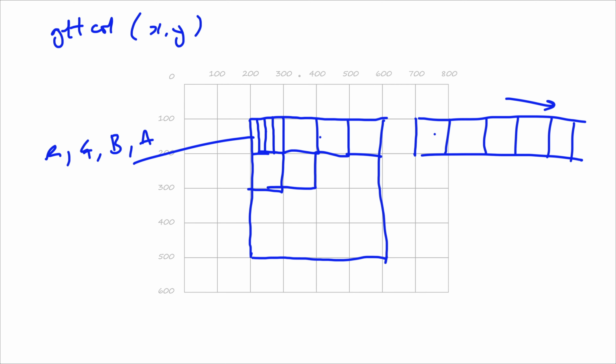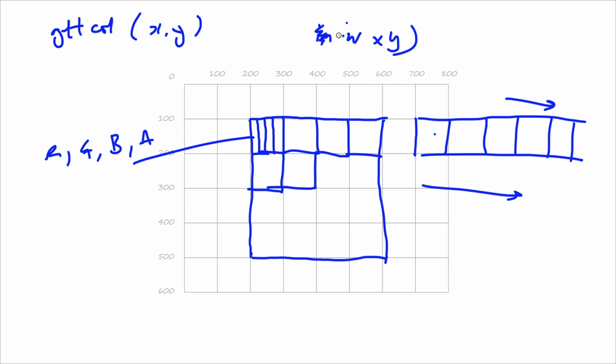So how do we convert X and Y to just an index into this list? The way to think about it is to ask first: which pixel, which box are we interested in? That's the image width, let's call it W, times the Y value.